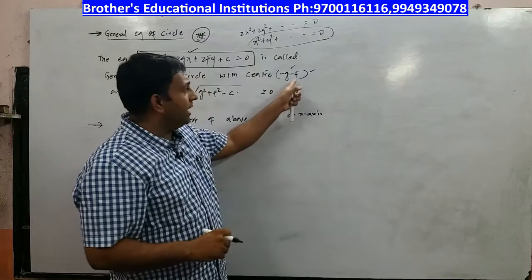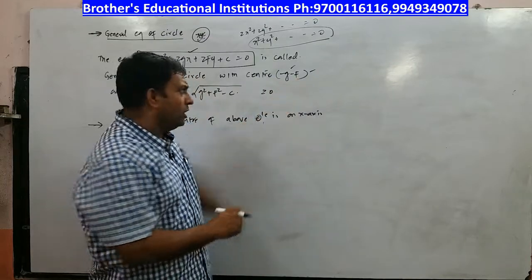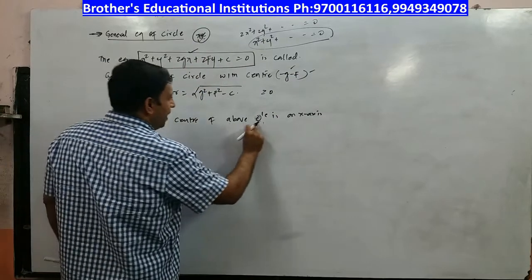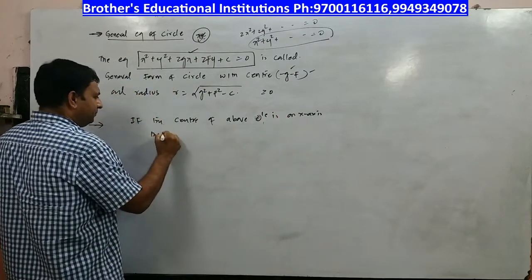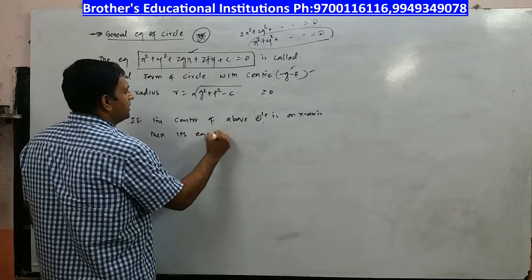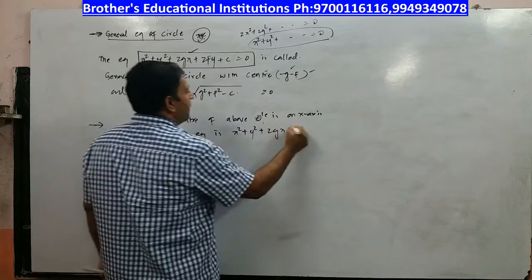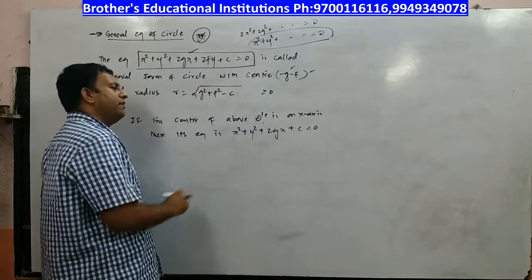So center is on x-axis, means f part will become 0. So if f is equal to 0, then its equation is x square plus y square plus 2gx plus c is equal to 0. There won't be f part.